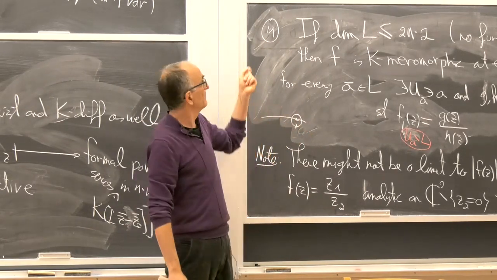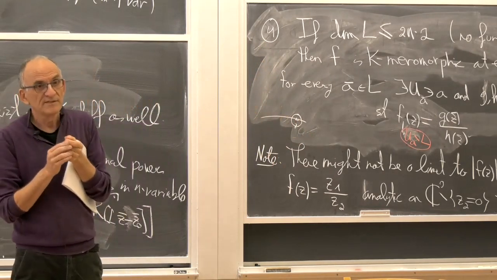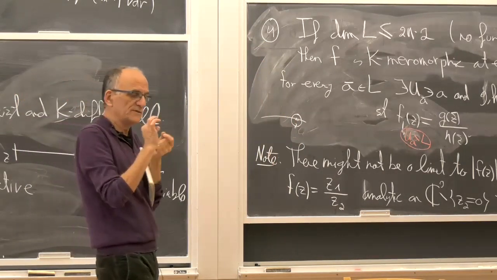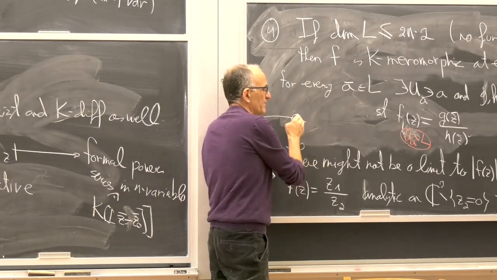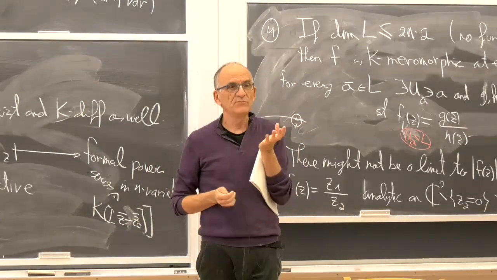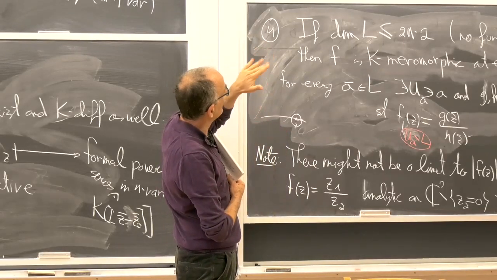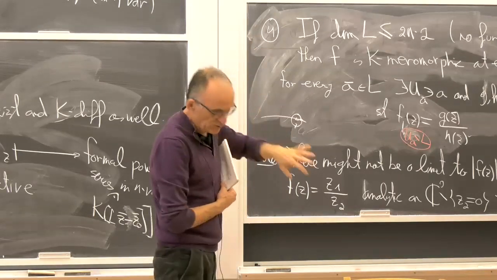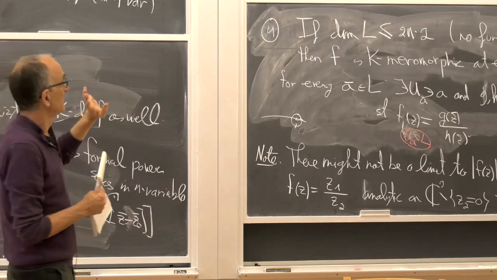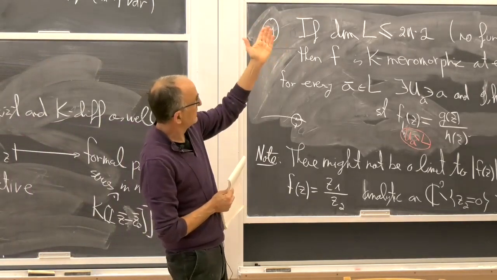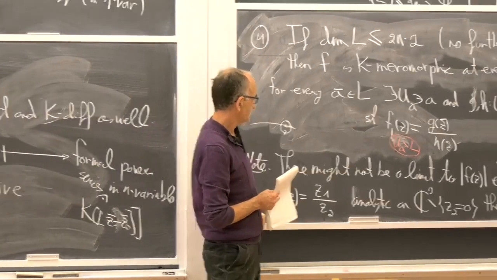The property of having a K-differentiable extension is a local property, so you can always restrict yourself to the area where it is bounded, and the fact that you have a boundary point here will not do any harm. I thought first that L has to be a closed subset of U, but it's enough that L is relatively closed in U. So the way it's written, I think this is correct, unless I'm missing something.